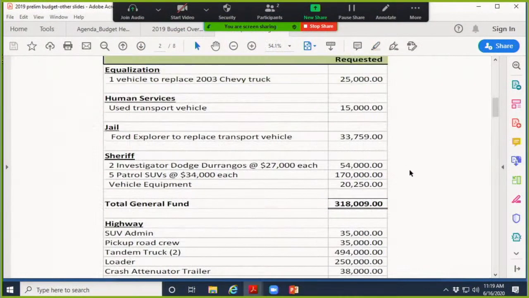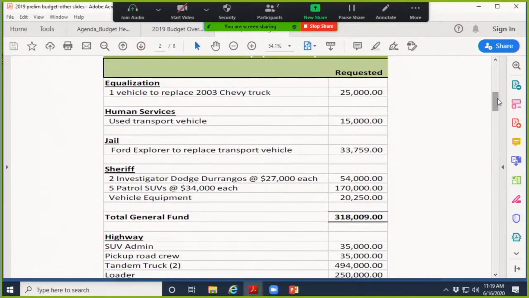Vehicles is the first page in the 2021 preliminary budget and other requests. All right, so vehicles, does anybody have any vehicles they want to talk about?